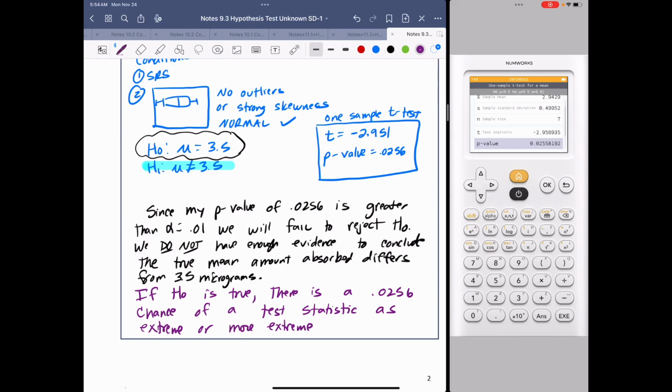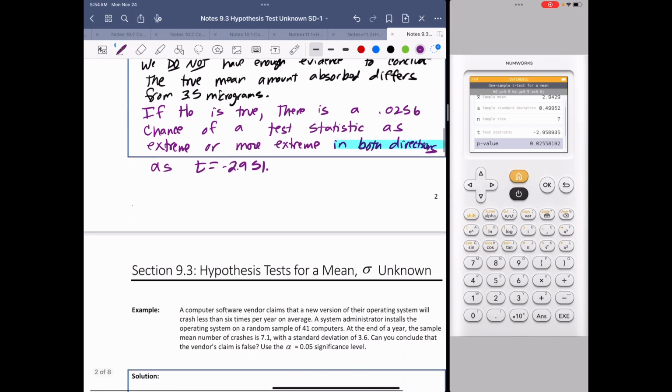And you want to say in either direction or in both directions. That's what's different as ours. And ours is t equals negative 2.951.